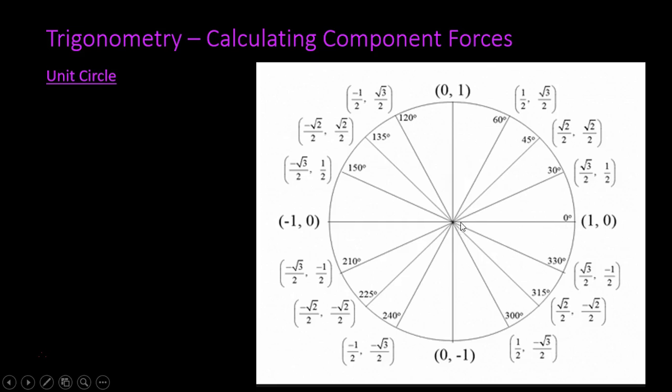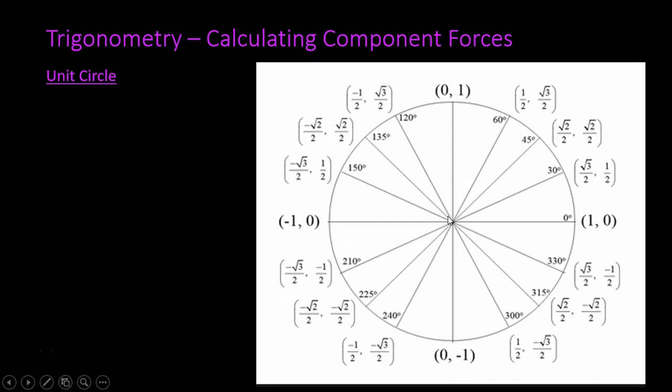For instance, at angle 0, the X coordinate is 1, the Y coordinate is 0. If we draw a line at a 30-degree angle to the edge of the unit circle, its X component is the square root of 3 divided by 2, and its Y component, or its Y coordinate, is 1/2.